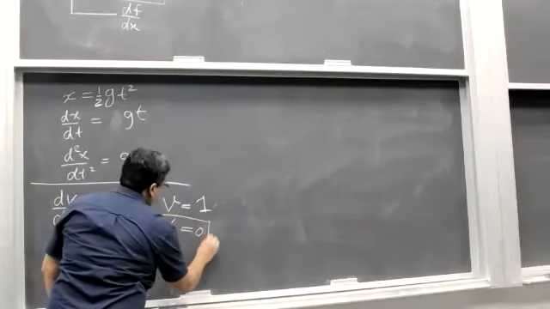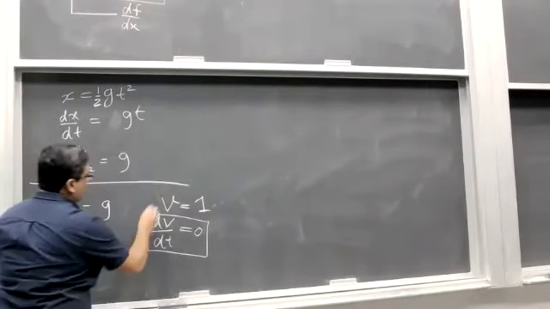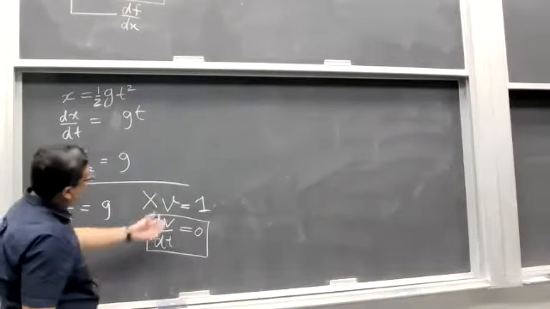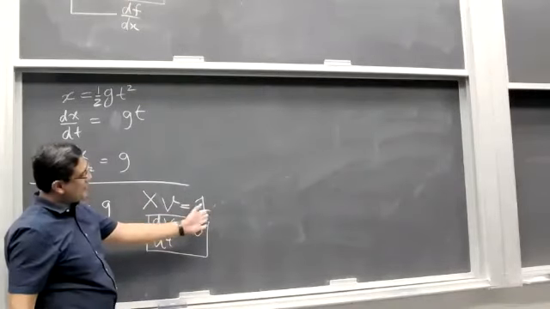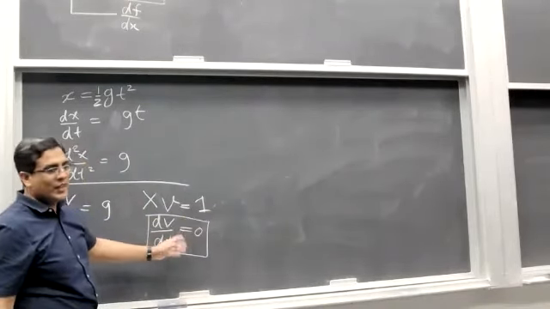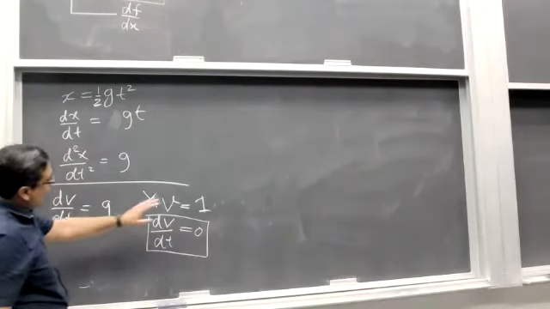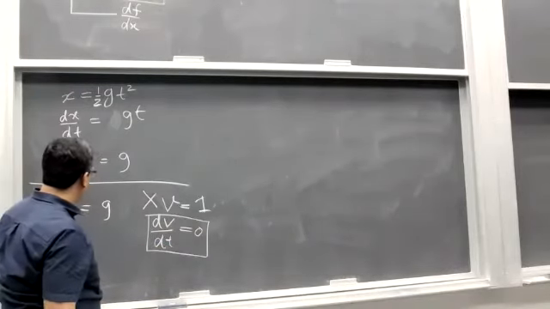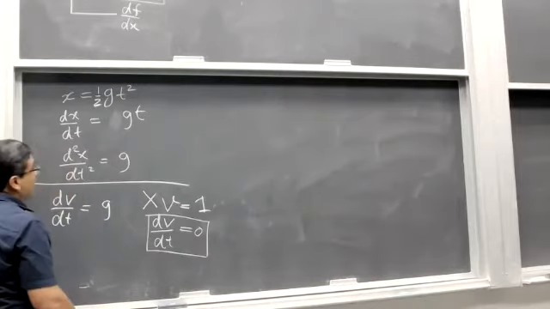0. So this guess was not very good. Actually, if I guess v to be any constant, it is going to give me 0. So I cannot take a constant. Let me make another guess for v.